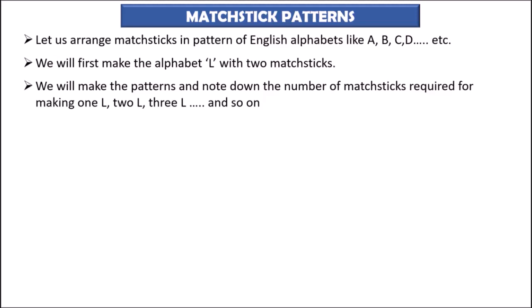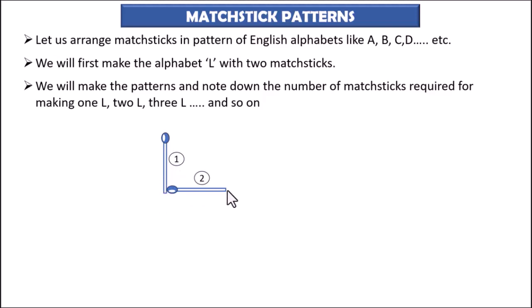So first, to make 1L, we will take one matchstick and put it vertically. Then we will take another matchstick and attach it to the first matchstick. So now this is in the shape of L. And how many matchsticks have we used for making this? We have used two matchsticks, one here and one here.